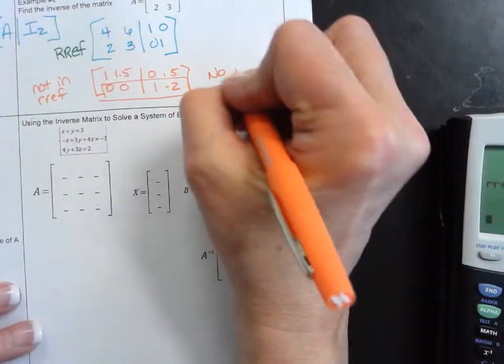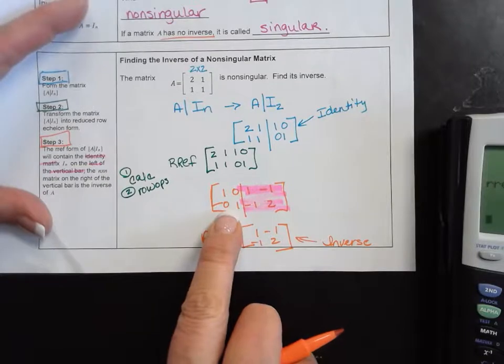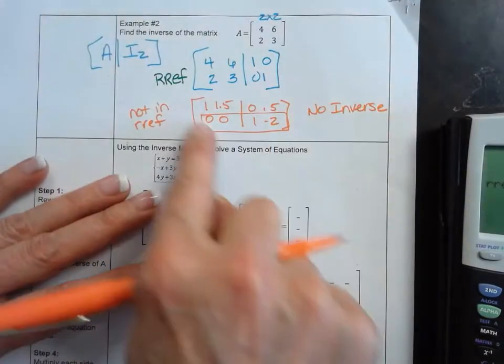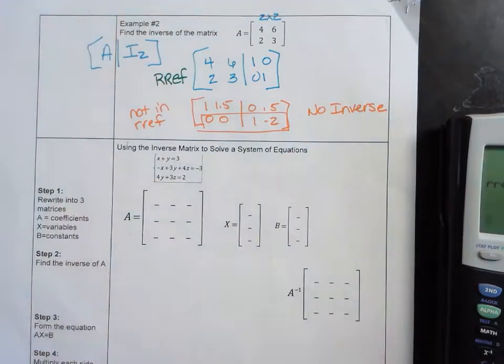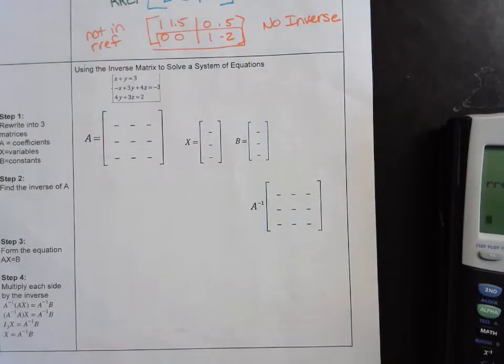Okay? So if you get where we had the nice reduced row, there's your inverse. If you're not in reduced row, there's no inverse. So that'd be called singular. And if there's no inverse, we won't be able to solve that system that way, which we'll do tomorrow.